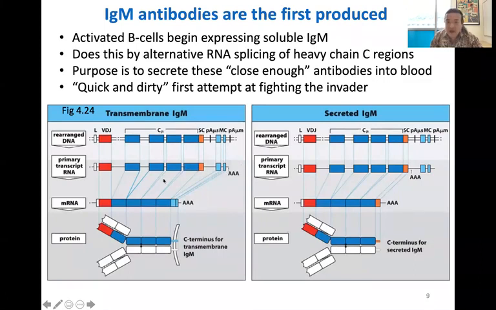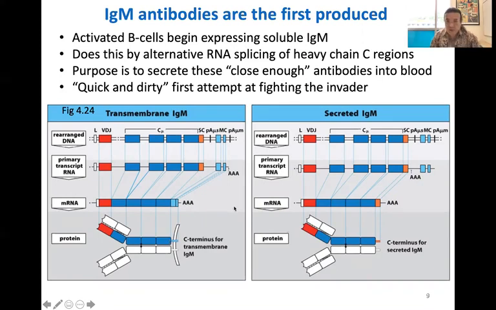Then, as part of mRNA editing, some of them will go the way that this cartoon shows and get made into the C mu constant peptide sequence to make IgM. Other molecules would end up having this stuff all cut out, and they would keep the C sub delta blocks. And so you'd end up making an IgD molecule.